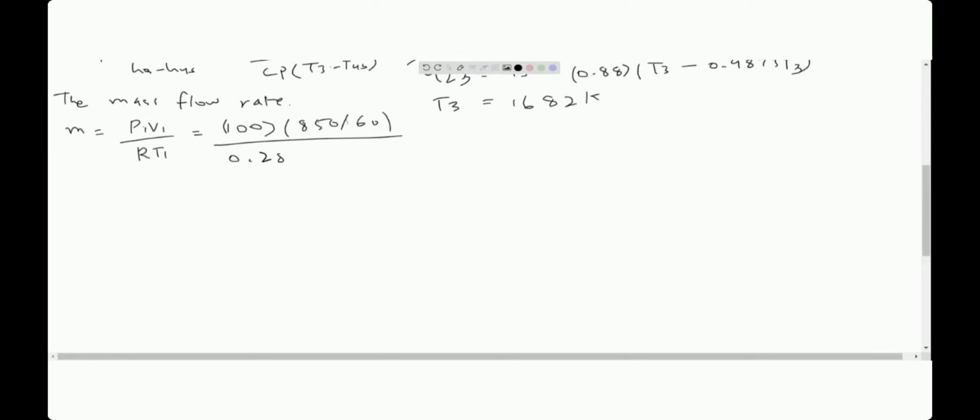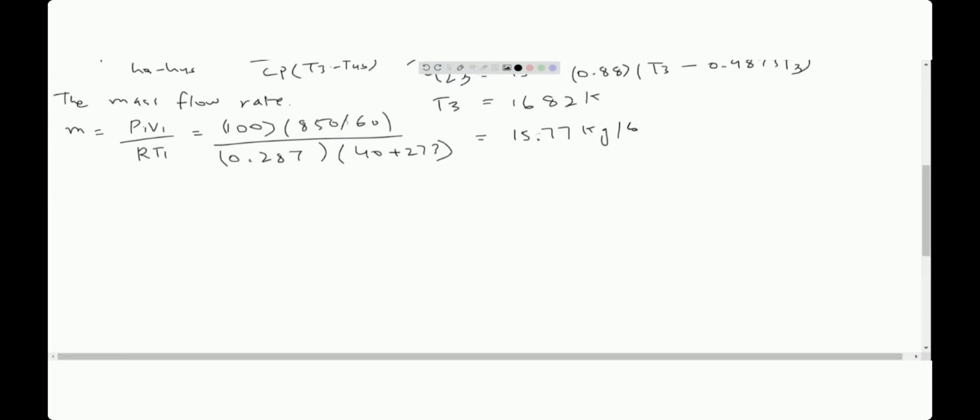R is 0.287 and T1 is 40 plus 273. The answer comes out to be 15.77 kg per second.